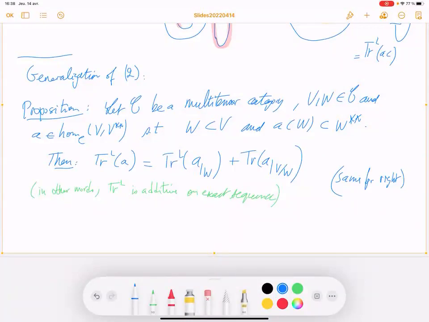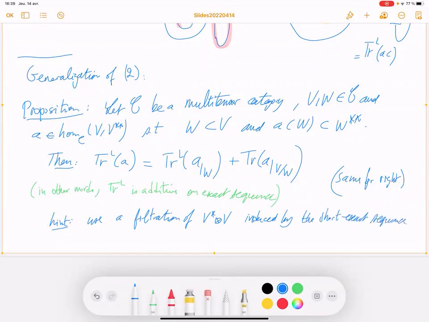Okay. So the idea is the following. Use a filtration of V star tensor V induced by this short exact sequence.